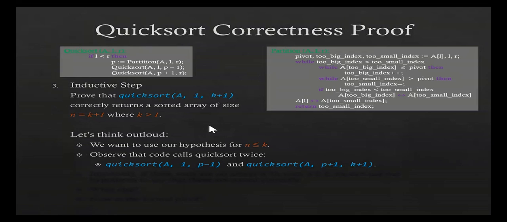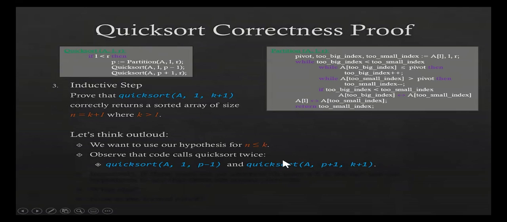After partitioning, for example, our pivot position is P. So the left elements start from 1 to just before the pivot element. In that case, L should be 1 and R should be P minus 1.